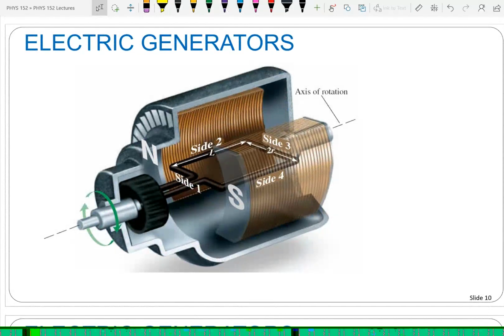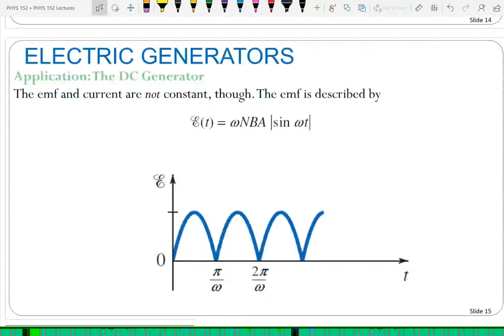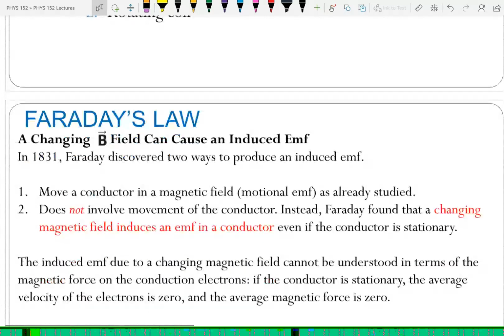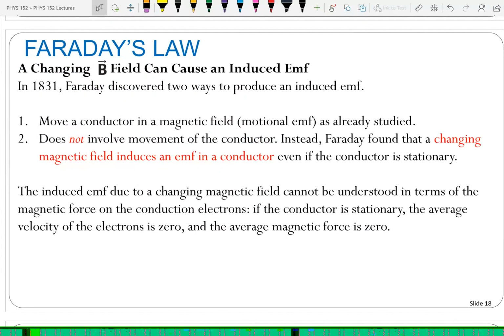So all of this brings us to how electric generators work. Now, before I get into the electric generator, I want to go to Faraday's Law of Induction. So I skipped a bunch of slides that I should go back to.